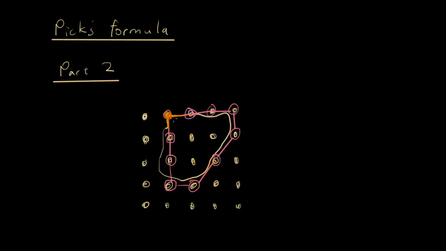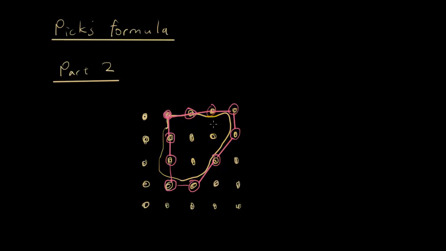So you can only find the area of this pink shape and use that to simulate the area of the yellow shape, the shape enclosed by the yellow line.